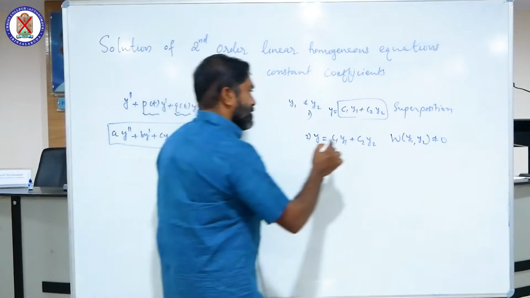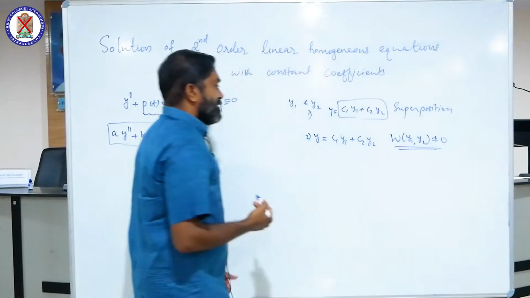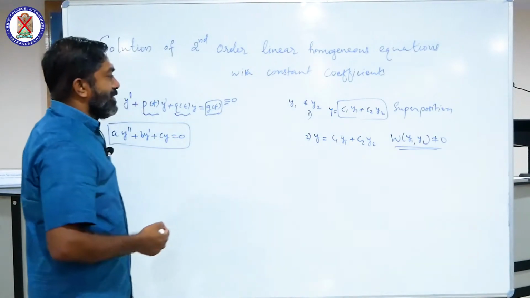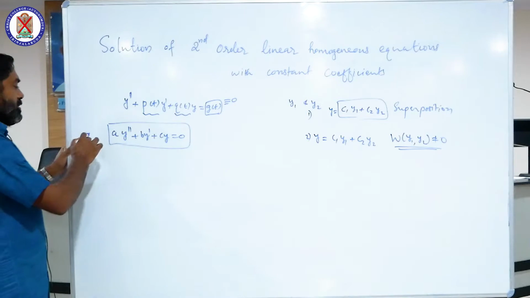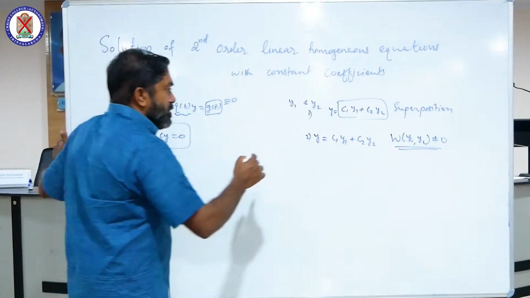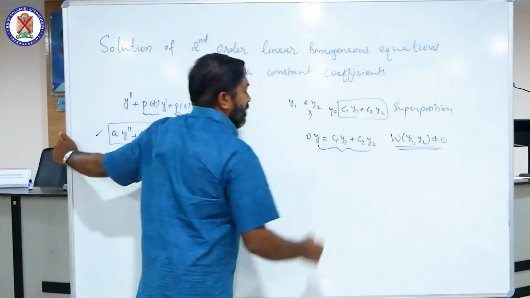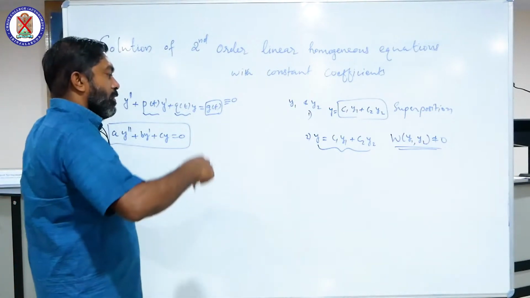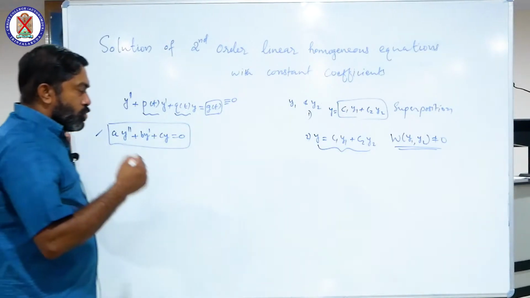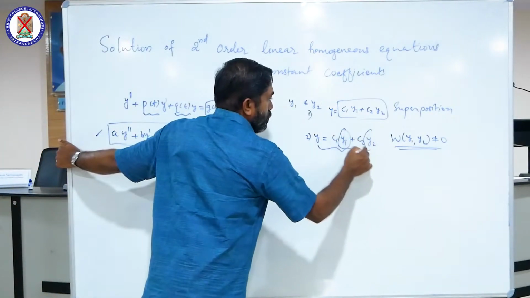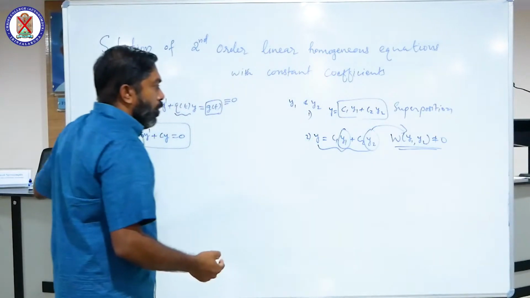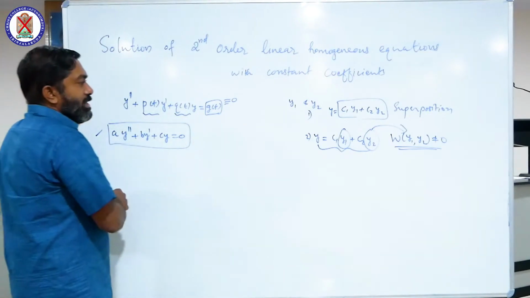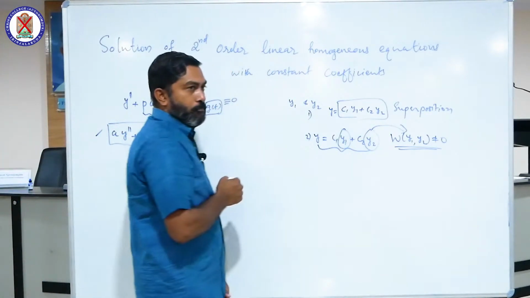If this condition holds, we say that the solutions y1 and y2 are linearly independent. So we can say that the general solution of this homogeneous differential equation can be expressed in the form c1 y1 plus c2 y2, where c1 and c2 are constants. For different values of c1 and c2 we get all the solutions. So if y1 and y2 are two linearly independent solutions, then its general solution can be considered in this form.